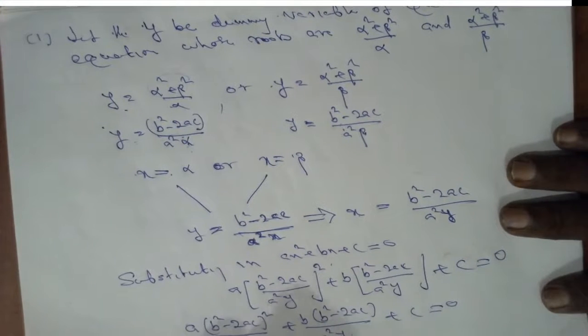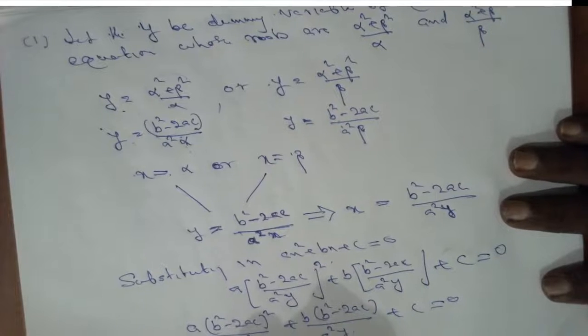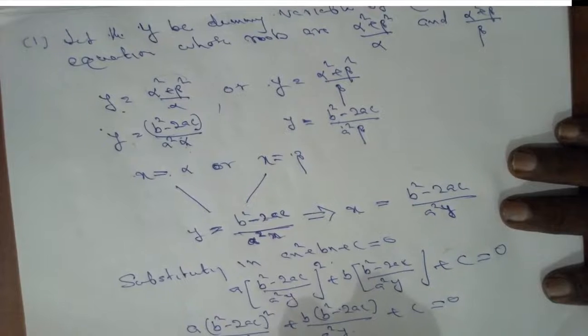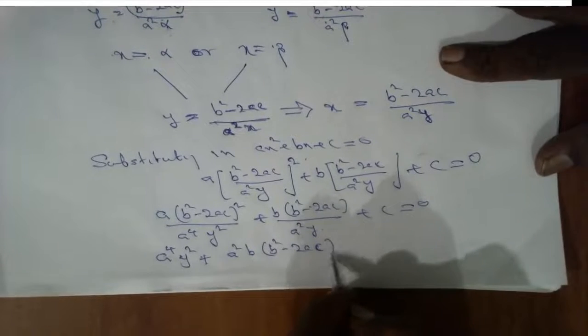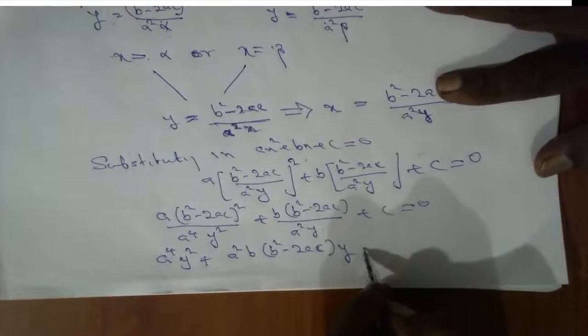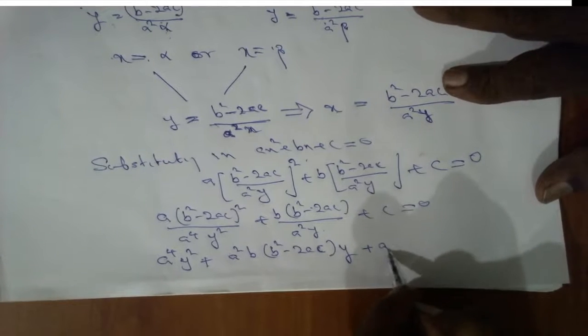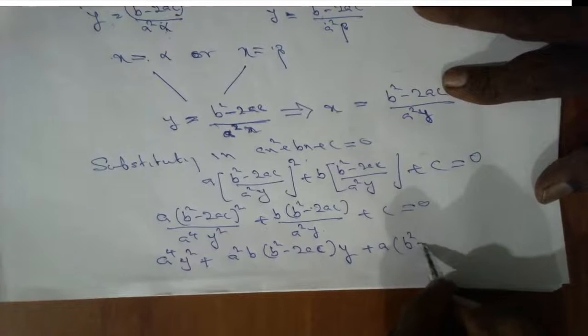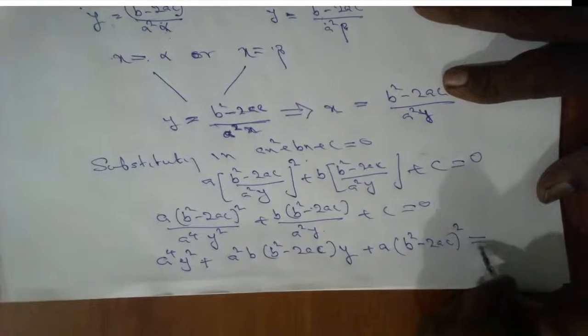Now you can multiply through by a to the 4: y squared plus a squared b squared minus 2ac y plus a times b squared minus 2ac all things squared equals 0.